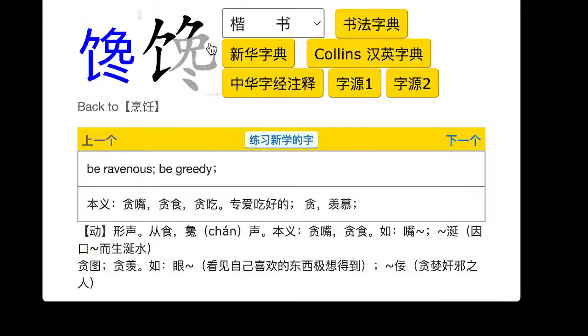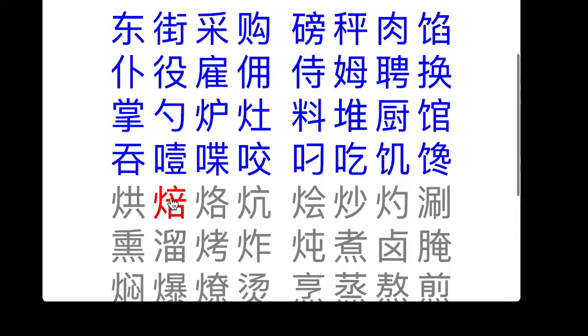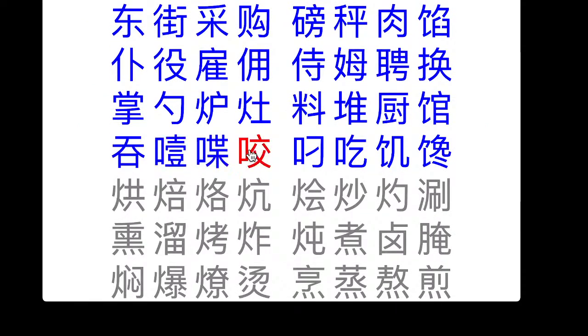So this is 馋. Let's take a look at the sentence. 吞噎叠咬,雕吃饥馋. 吞 means swallow, 噎 means get choked by food. 叠 means repeatedly, so 叠咬 means you keep biting, keep chewing.